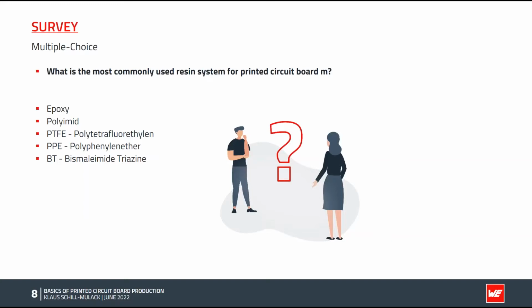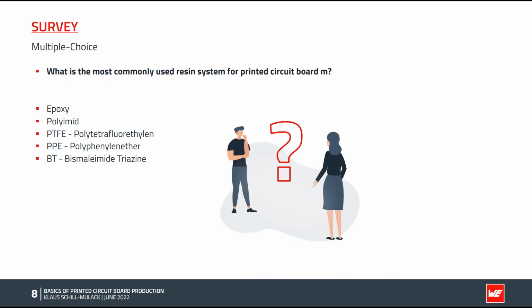So, thank you. All these 5 resin systems are used in printed circuit board technologies, of course. The main resin system is epoxy, which is used for all rigid boards, of course, and even in rigid flex boards. Polyimide is used mainly in flex boards, of course, and in rigid flex boards.